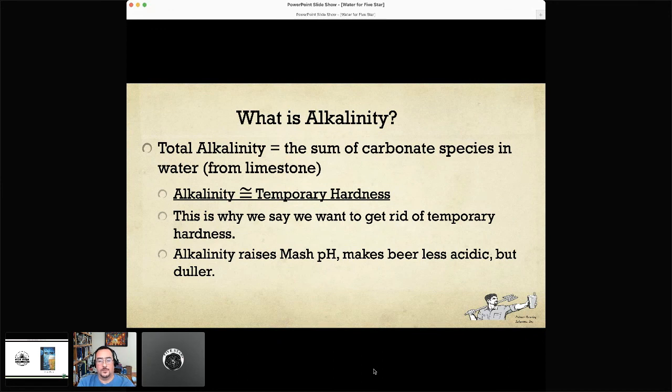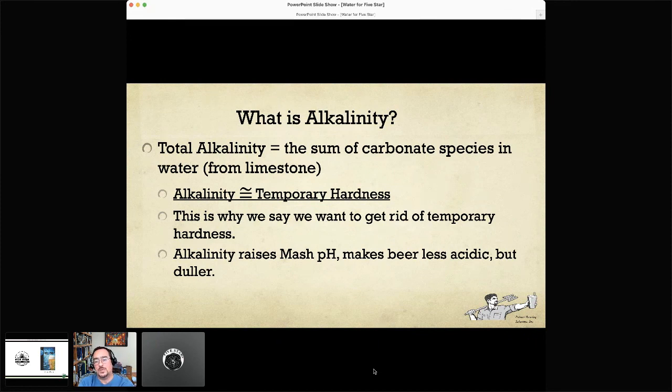Alkalinity, if you think back to the previous slide, is roughly equal to the temporary hardness of the water, because temporary hardness is talking about the calcium and magnesium that are dissolved from bicarbonate. So the amount of bicarbonate in the water is roughly equal to the total alkalinity. It's like 90 to 95% depending on the pH.